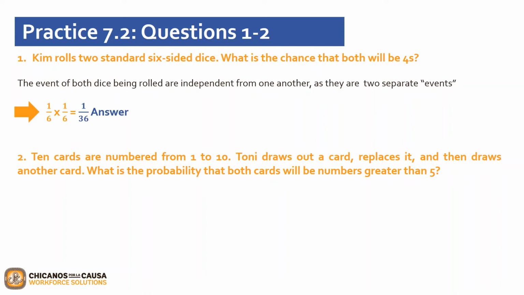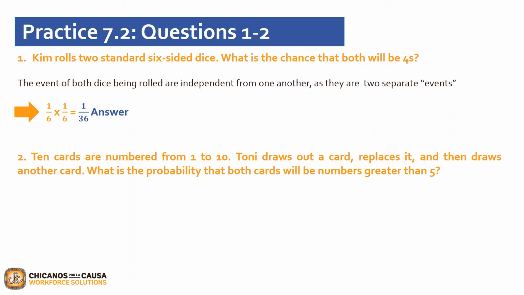So we're going to multiply 1/6, which is one dice, times 1/6, which is the other dice. That gives us a total of 1/36. So what does that mean? That means that 1 out of 36 times, the dice will give us both 4s.